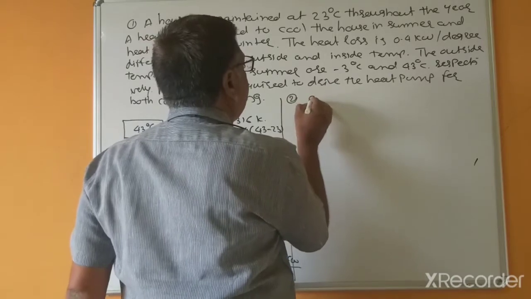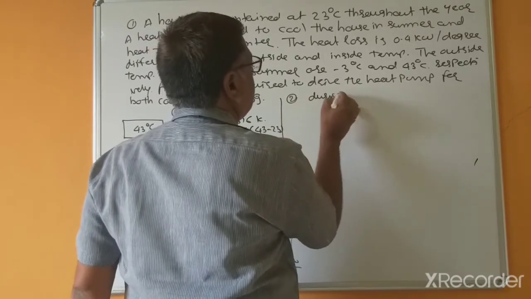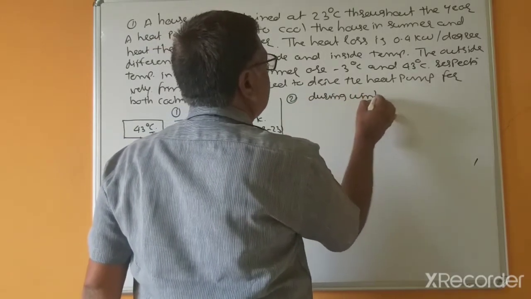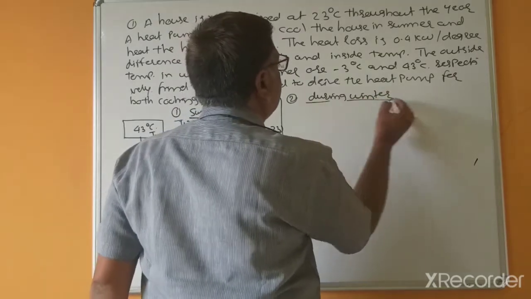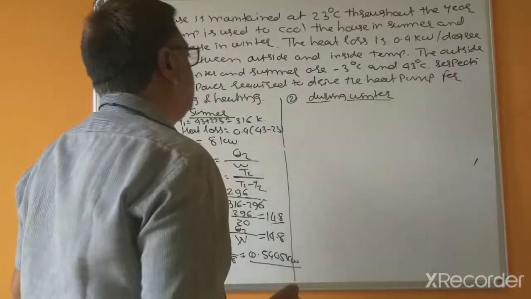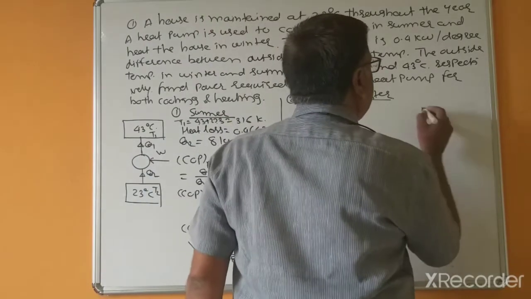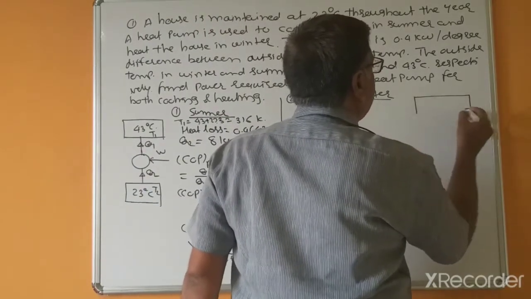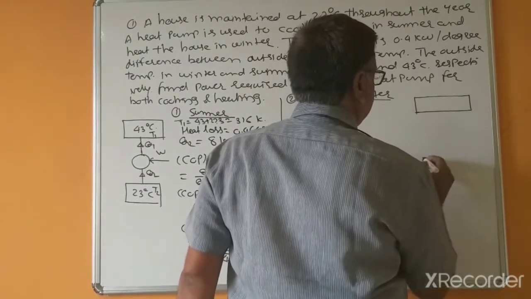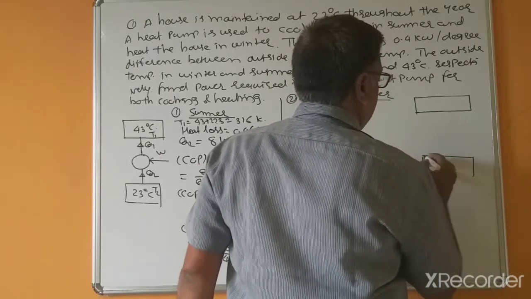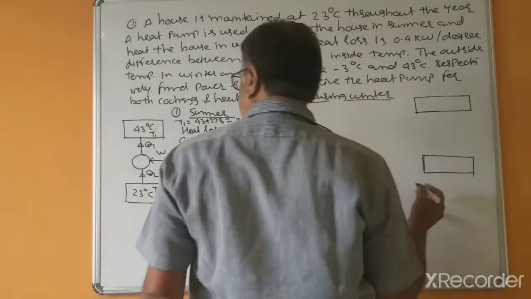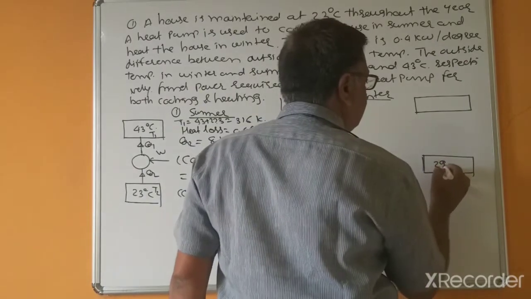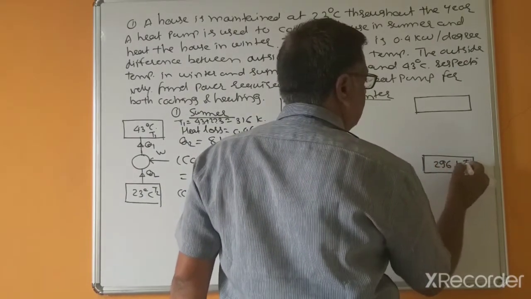Now during winter, again we have to draw these flow diagrams. 23 degrees centigrade means 296 Kelvin, this is T2.